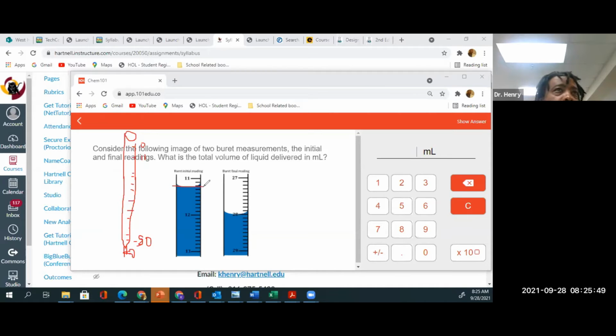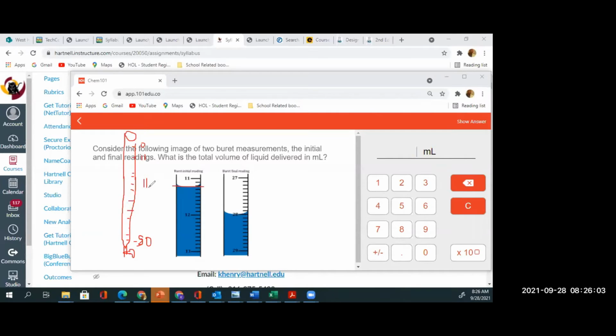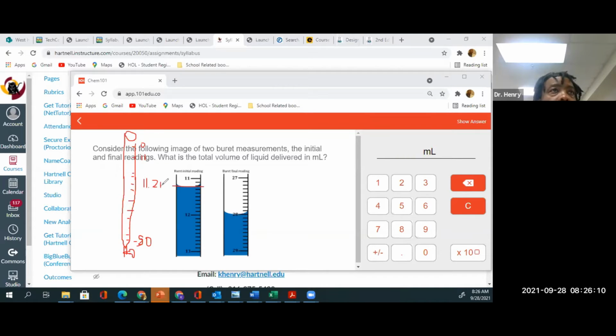If we went where the meniscus is, what would be our starting point? 11.2. Okay, so we're starting at 11.2 mL.